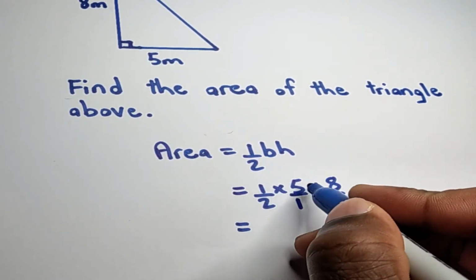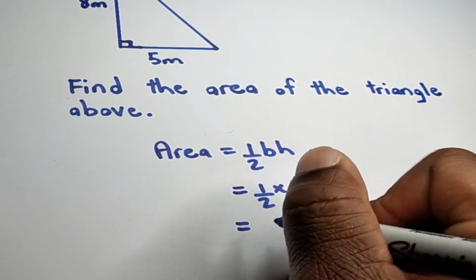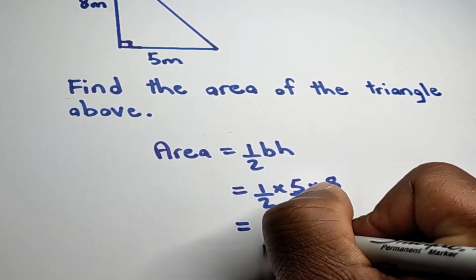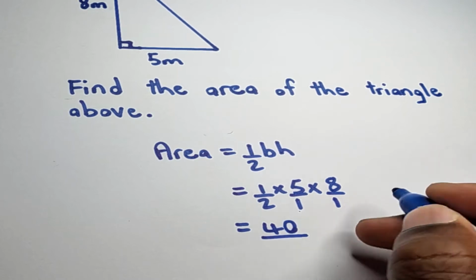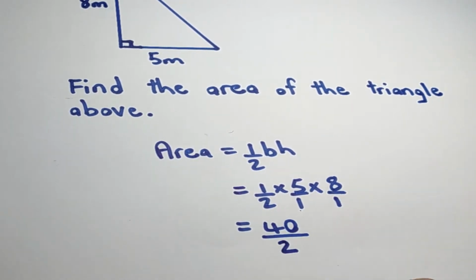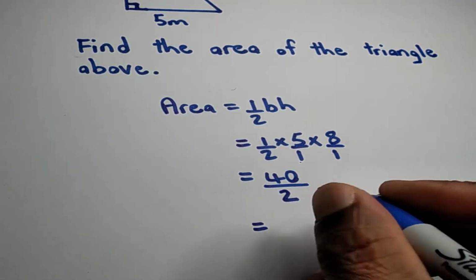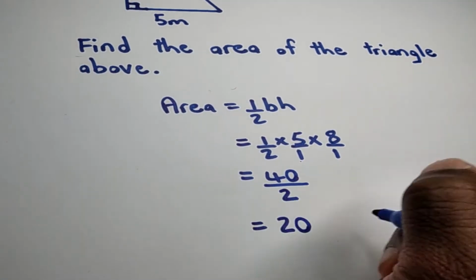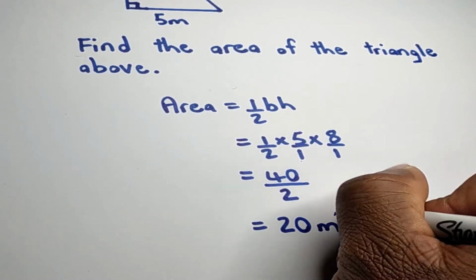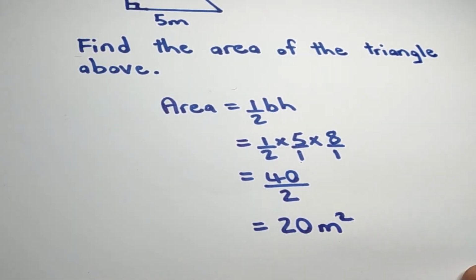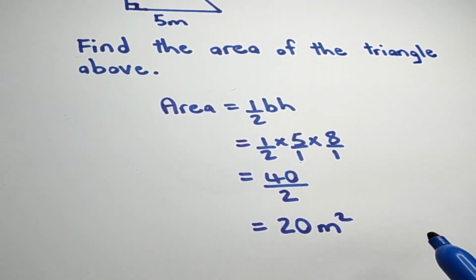So 1 times 5 is 5, 5 times 8 is 40, over 2 times 1, which is 2. So we'll end up with 40 divided by 2, which is 20 meters squared. Once we're finding area, our unit should be in squared units.